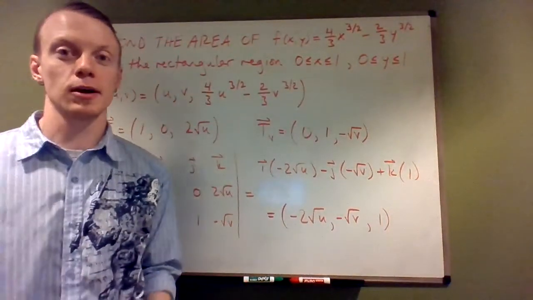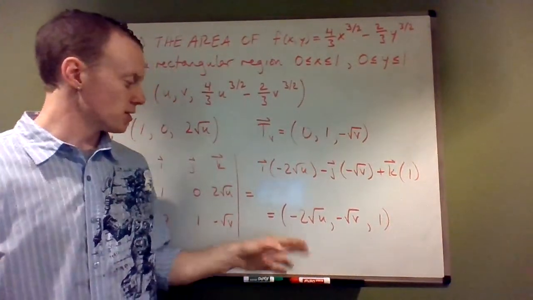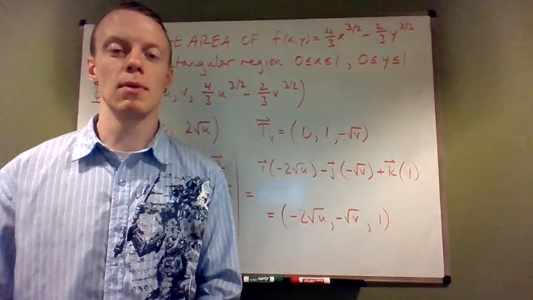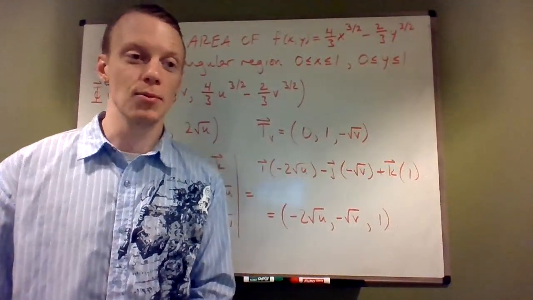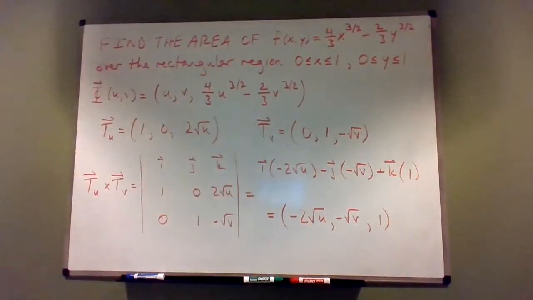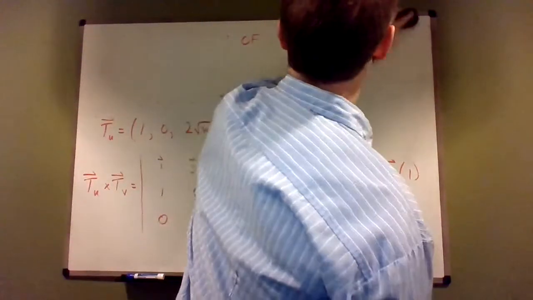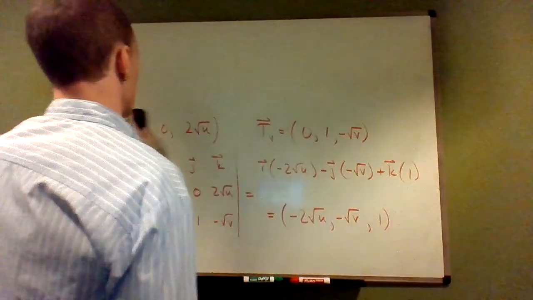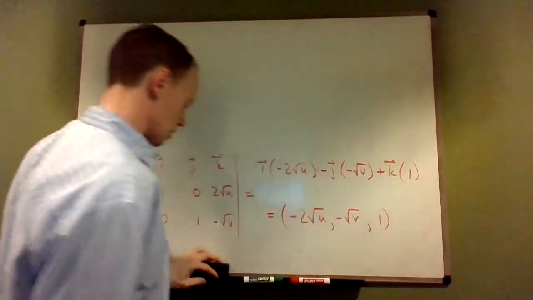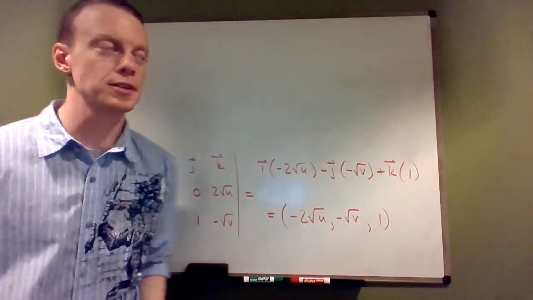So that means that our cross product vector here is minus 2 times the square root of u, minus the square root of v, comma 1. We're going to take the norm of this vector here.